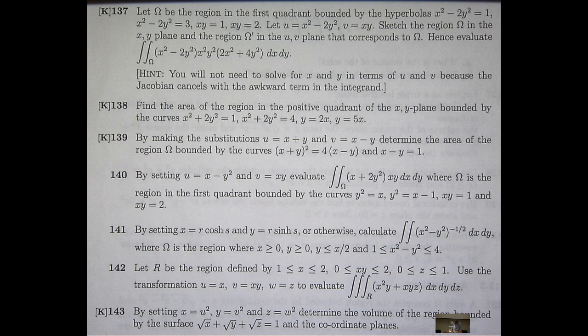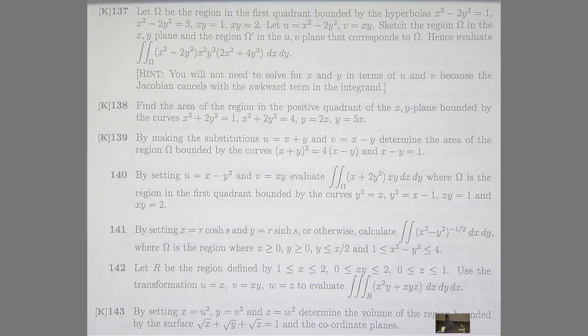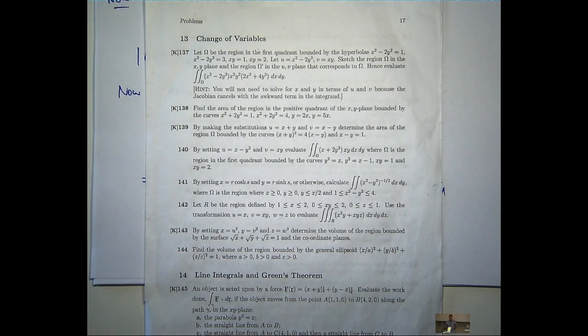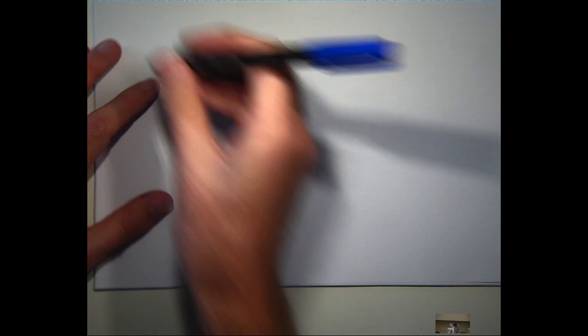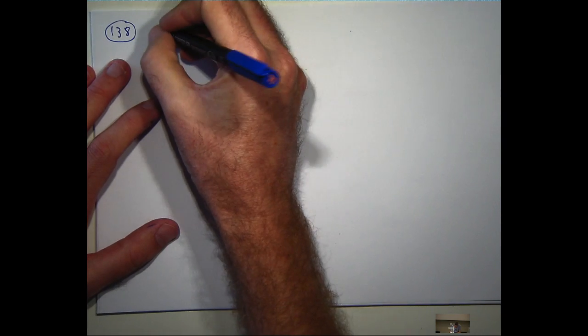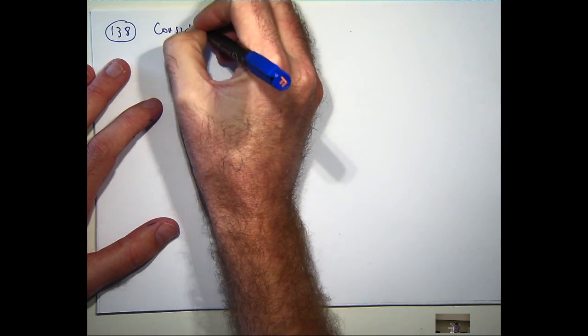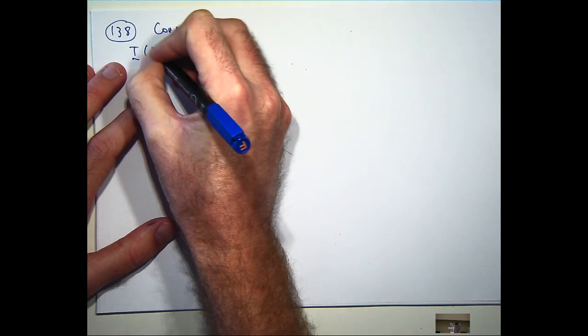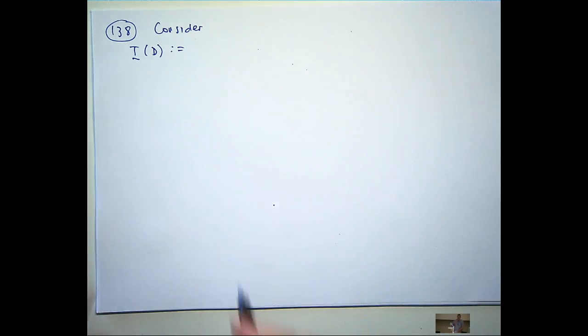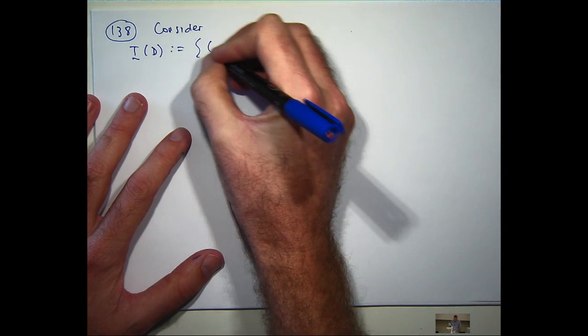Okay, so let's see if we can do this. So this is 138. All right, so I'm going to label my set, T of D, in the xy plane by this.